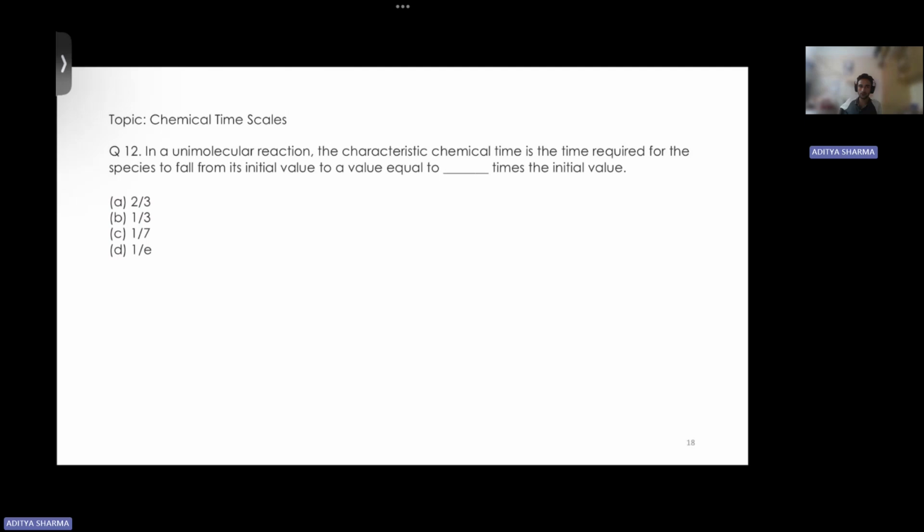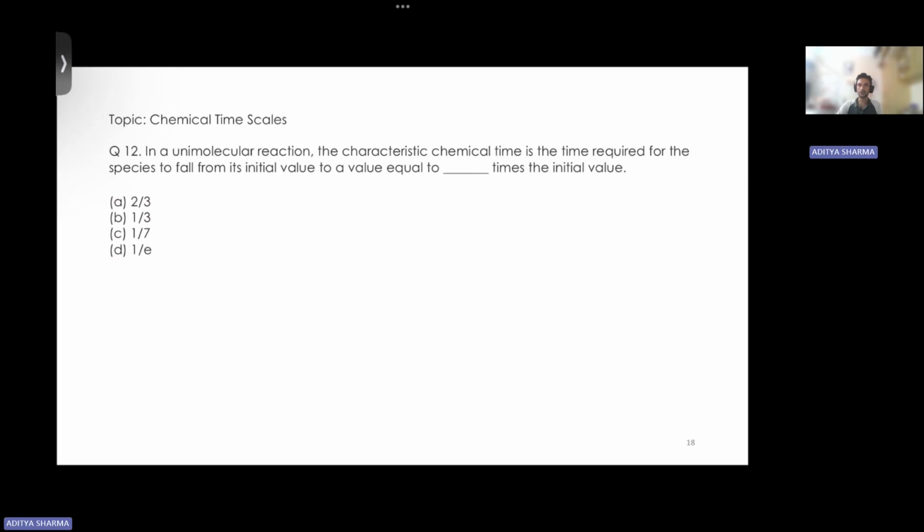The four options are given. A option is 2 by 3, B option is 1 by 3, C option is 1 by 7, and D option is 1 by E. Okay.